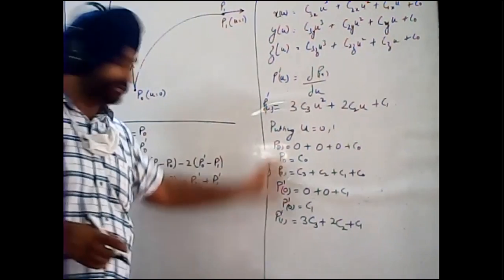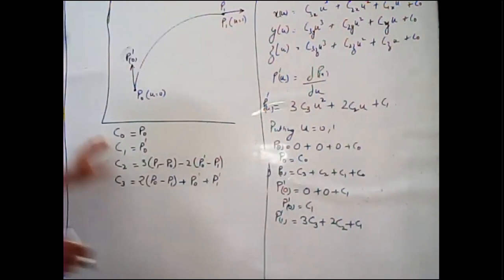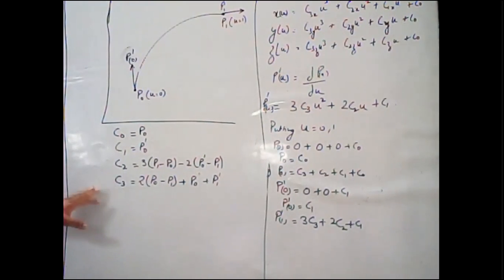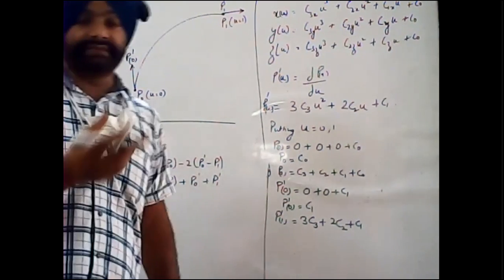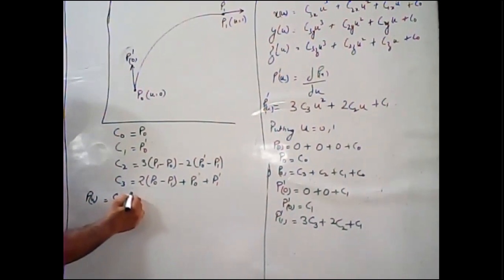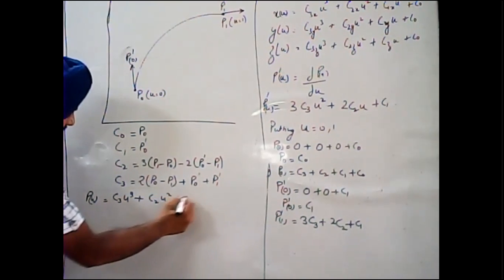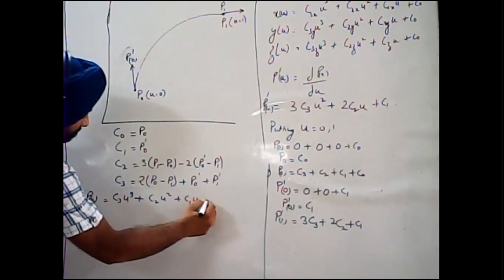If you want to solve these equations, you can find the values of C0, C1, C2, and C3. Now, putting the values of C0, C1, C2, C3 in the particular equation that we have generated, that is P u. The P u was C3 u cubed plus C2 u square plus C1 u plus C0.